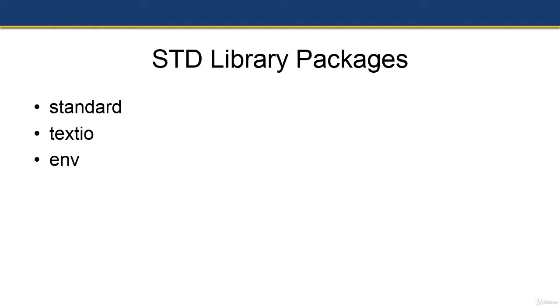The predefined package text.io in the library std provides a number of useful types and operations for reading and writing text files, that is, files of character strings. The env package, which has been introduced starting with VHDL 2008, includes operations for accessing the simulation environment itself.